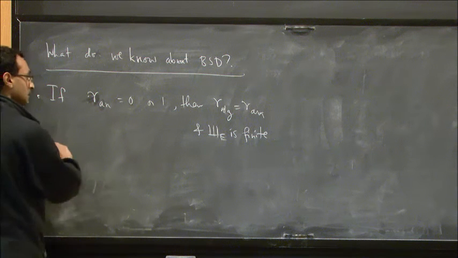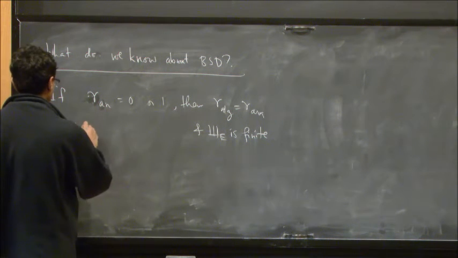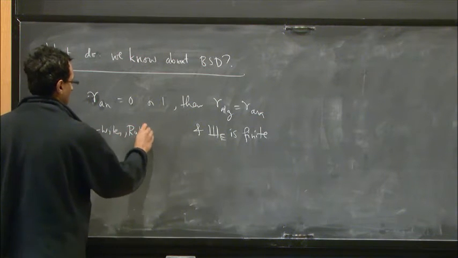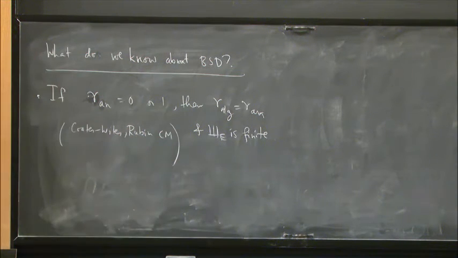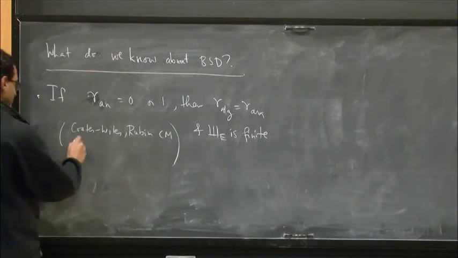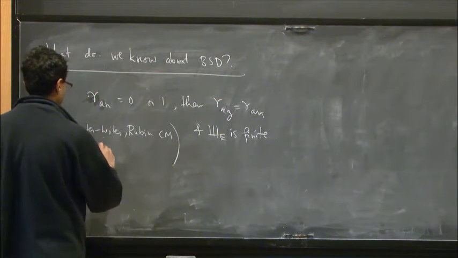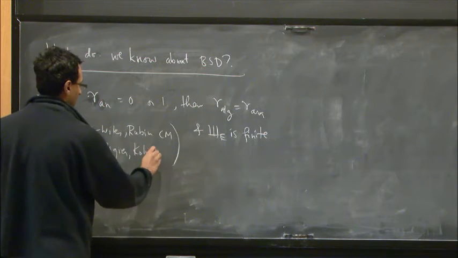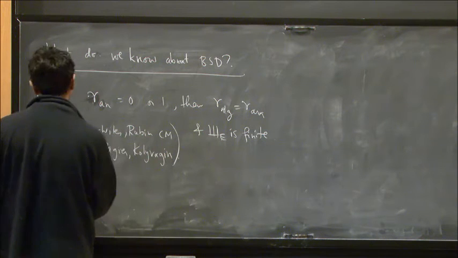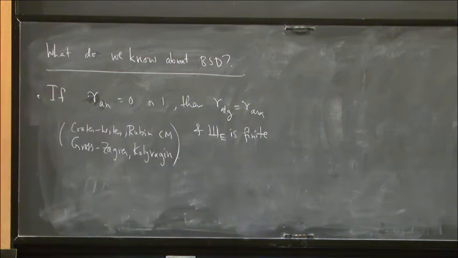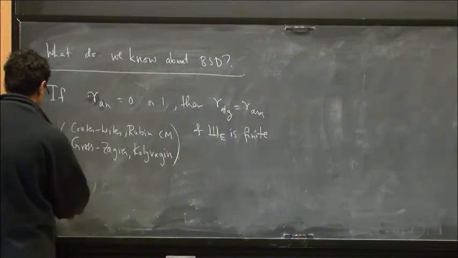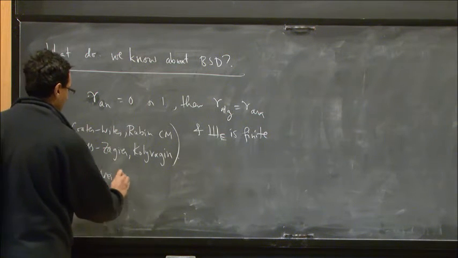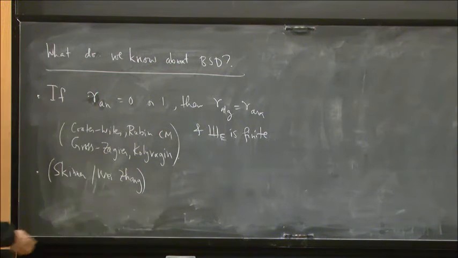So I guess there's work of Coates-Wiles and Rubin in the CM case. And in the general case, this follows from Gross-Zagier and Kolyvagin. And recently, there's been a converse to this as well, which is due to Skinner and Wei Zhang by two different methods.